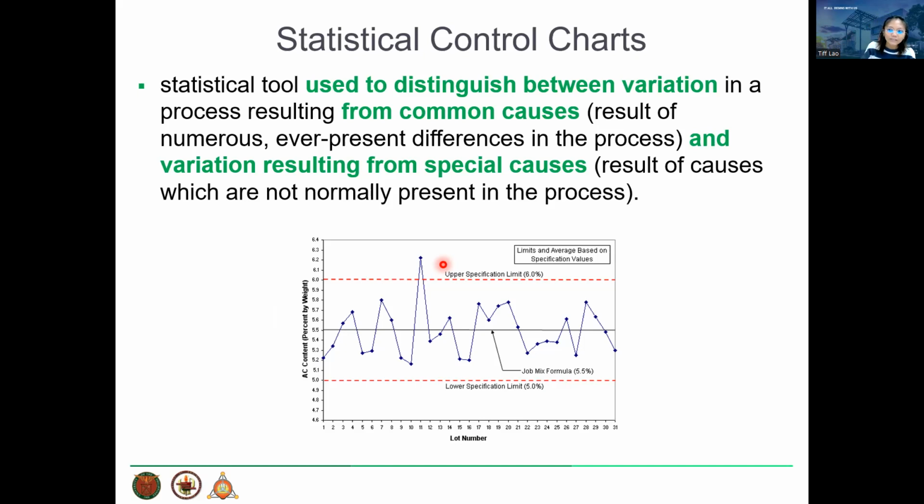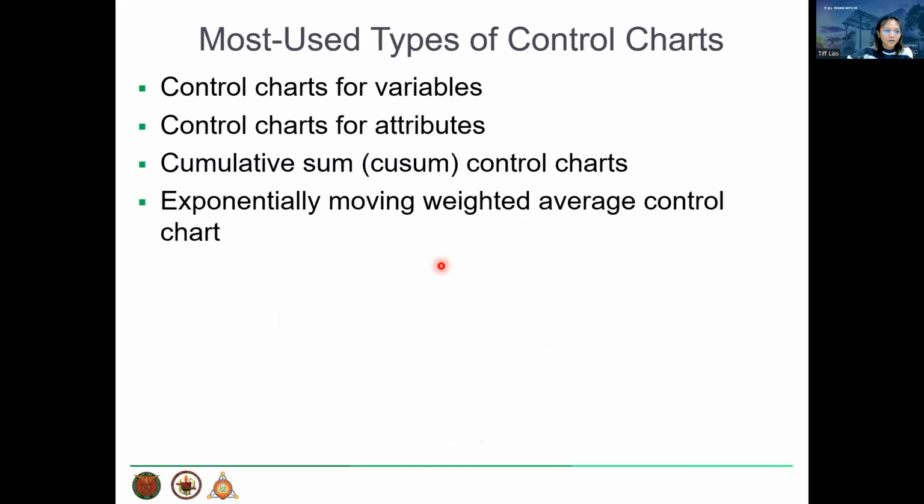Okay? So in SPC, these are the most used types of charts. So we have control charts for variables, control charts for attributes, and then you have the cumulative sum control charts, and then exponentially weighted moving average control charts.